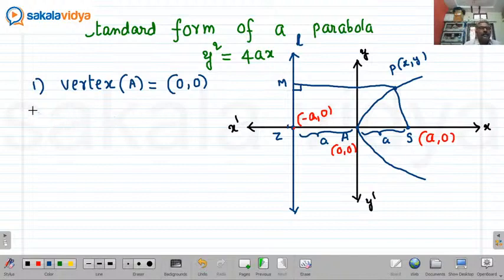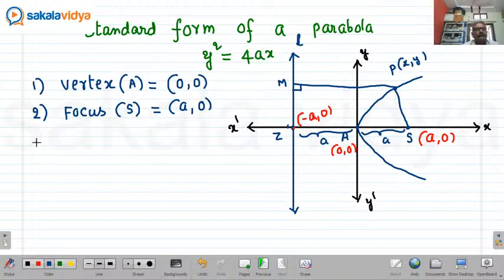Next, the second point is the focus. The coordinates are (a, 0).